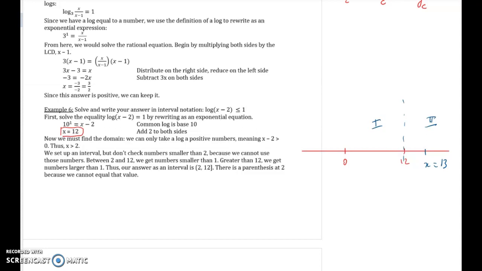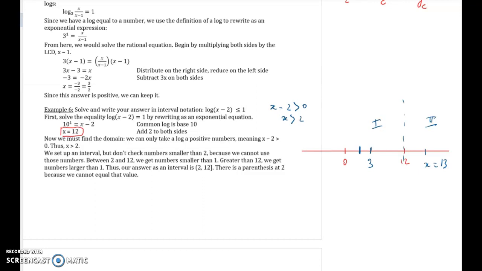The problem is I can't take x equals 0 because I must remember that x minus 2 has to be greater than 0. So x has to be greater than 2. It cannot be less than 2.